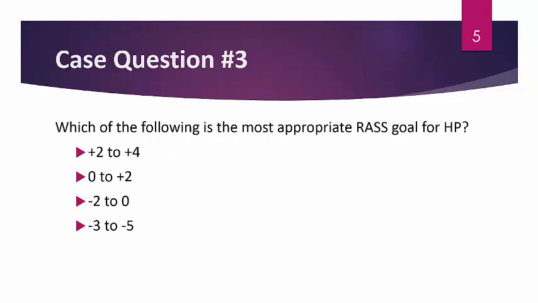Which of the following is the most appropriate RASS goal for HP? Is it +2 to +4, 0 to +2, -2 to 0, or -3 to -5? So after we discuss the different agents for sedation and paralysis as well as the different monitoring, you should be able to answer each of these questions accurately and confidently.